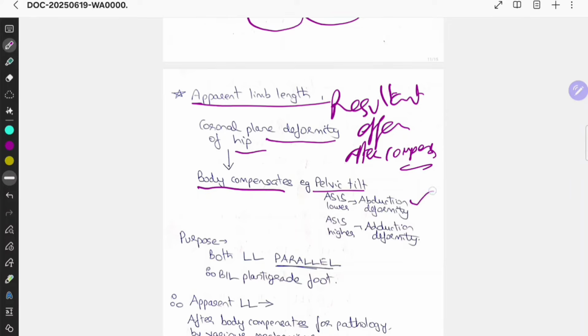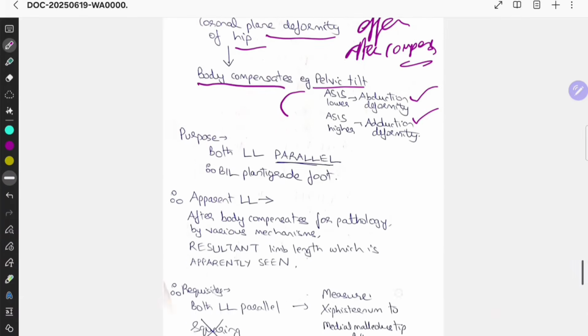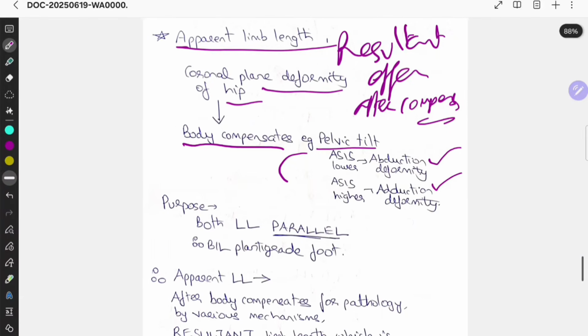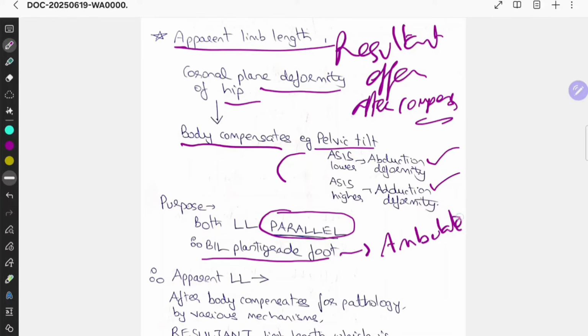ASIS is lower in abduction deformity, ASIS is higher in adduction deformity. All these we have discussed in detail in the previous video on our hip series. The purpose of the body is to make both the lower limbs parallel to each other, so that we achieve a bilateral plantigrade foot, after which we can ambulate.